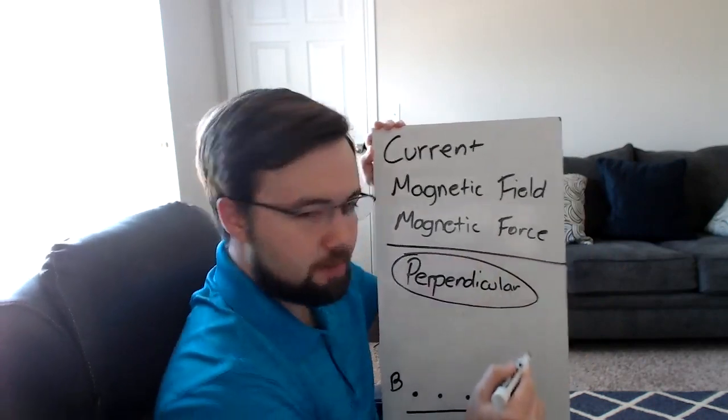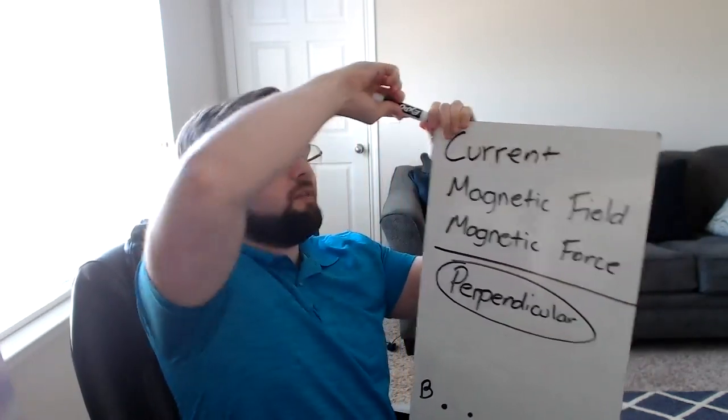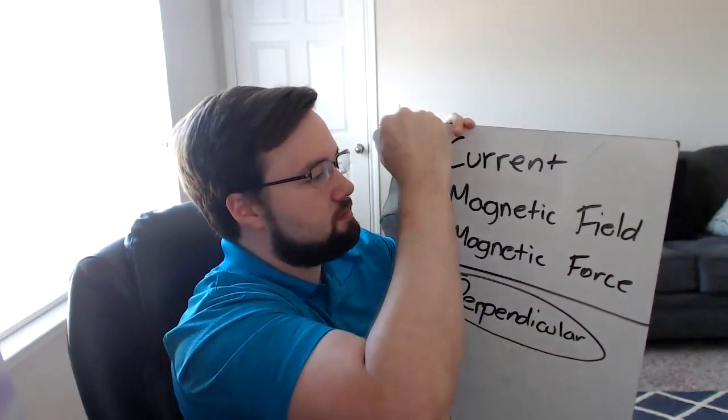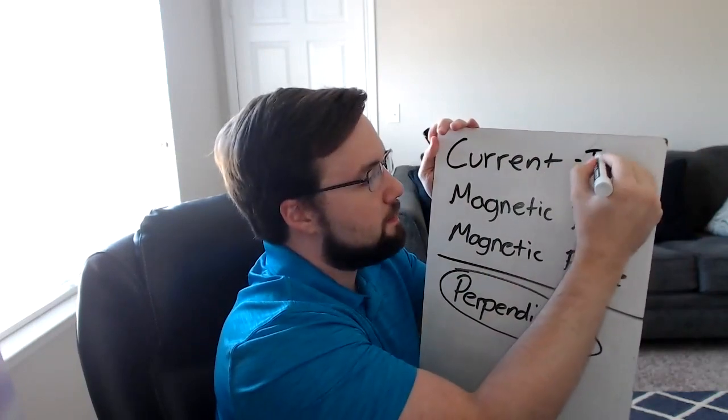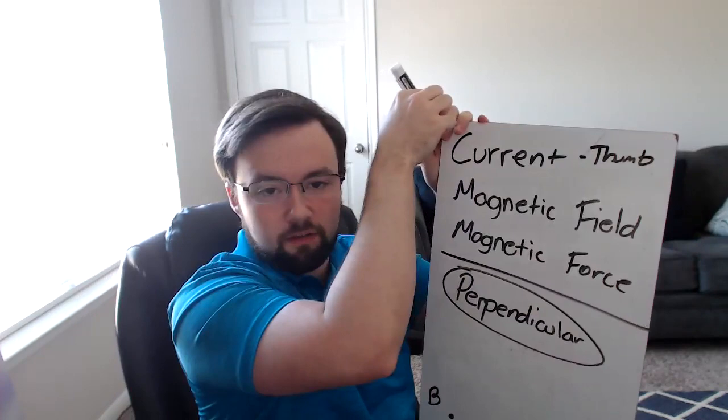This means they're going to be at right angles to each other. And it just so happens that with your right hand, you have three things that are all at right angles to each other. Your thumb represents current. So current is your thumb. The magnetic field is going to be your fingers.